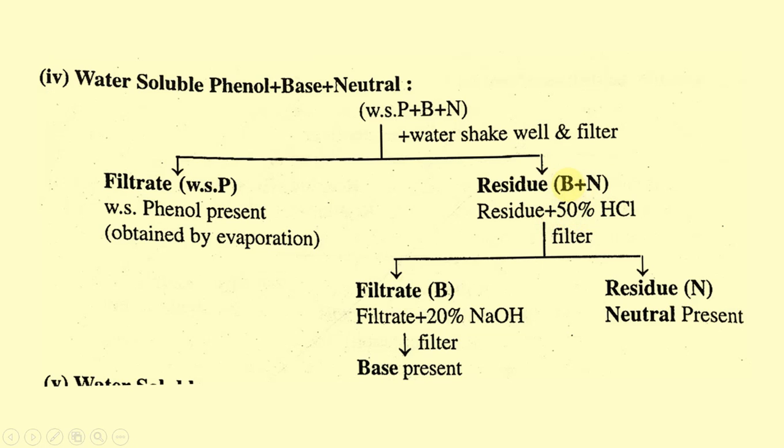The base is soluble in hydrochloric acid and reprecipitates on sodium hydroxide. Residue plus 50% HCl, shake well and filter, then the filtrate on the left hand side, on addition of NaOH, reprecipitation, is considered the base compound. And the last one, the residue on top of the funnel, we consider the neutral compound present.